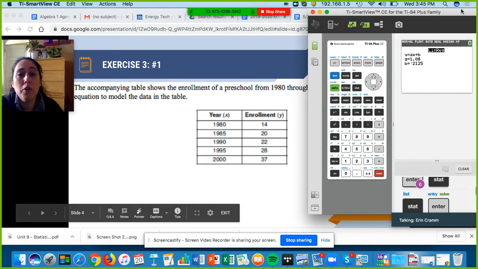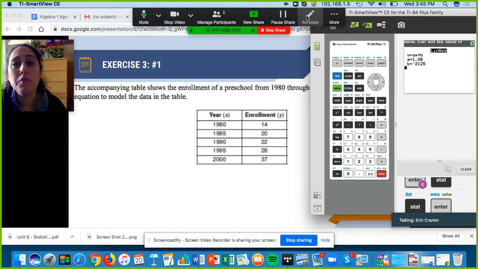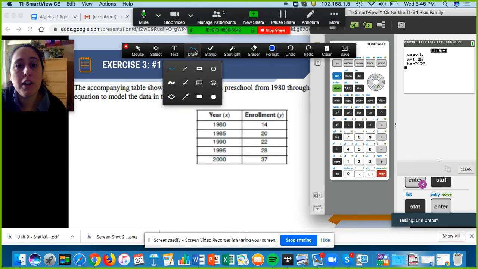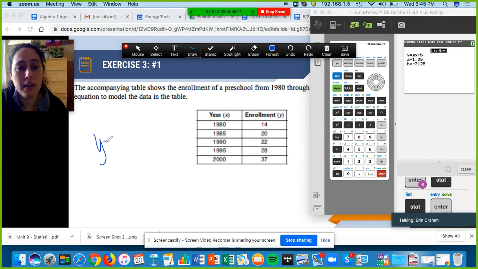Okay, so here they have x and y. So I don't need to change those to like f of x or anything like that. All right, so now I'm just going to write out my linear regression. Y equals, and instead of a, I'm going to replace it with 1.08, x.